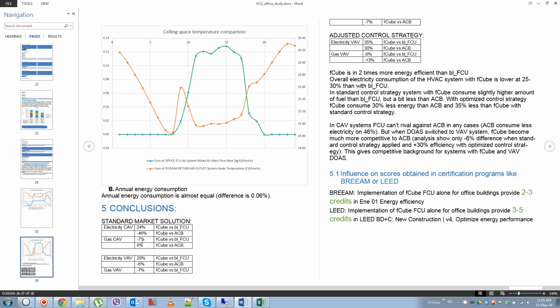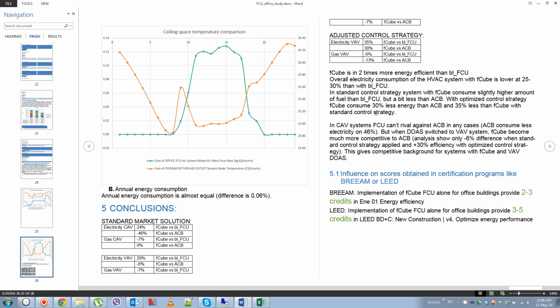So this is a summary of our analysis of the percentage difference. For instance, in the standard CAV category, fCube is 24% more energy efficient than the baseline fan coil and 46% less energy efficient than active chilled beams. Gas is quite similar. In the VAV category, it's a bit more energy efficient, and please note that this is all electricity consumption of the whole system, because if we compare only fan coils, our fan coil is 50% more energy efficient than baseline.